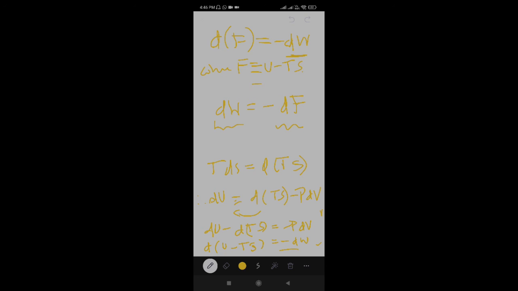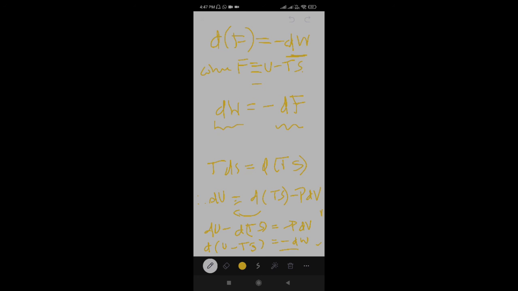This gives you the definition of the thermodynamic potential called free energy. The free energy function is one such function, the decrease of which always gives the work done on the system.